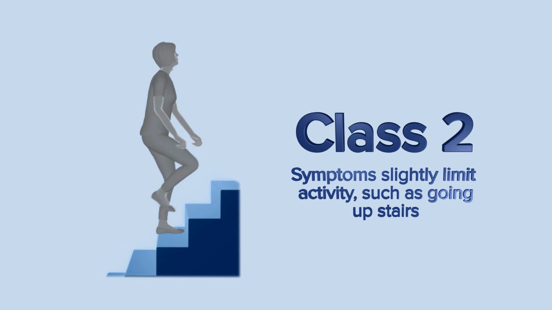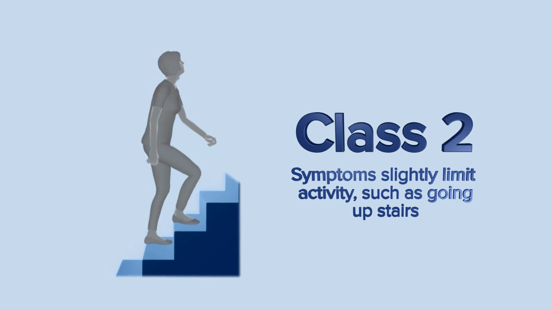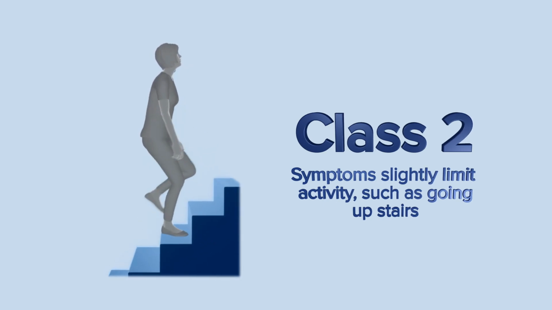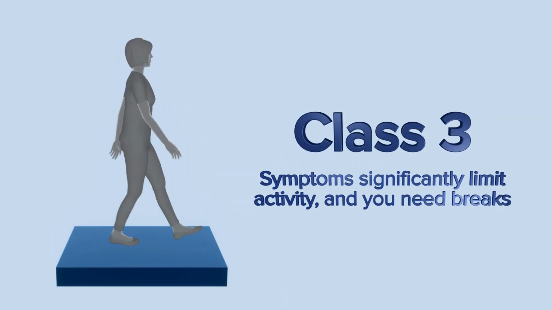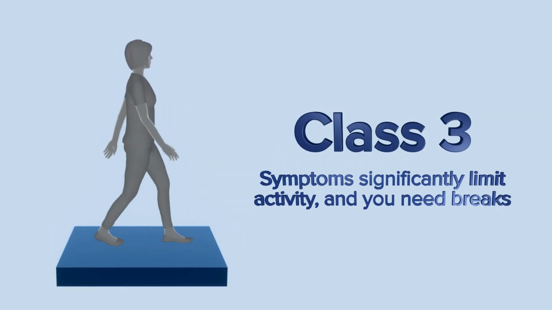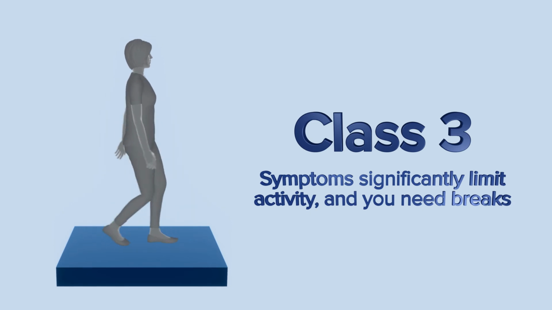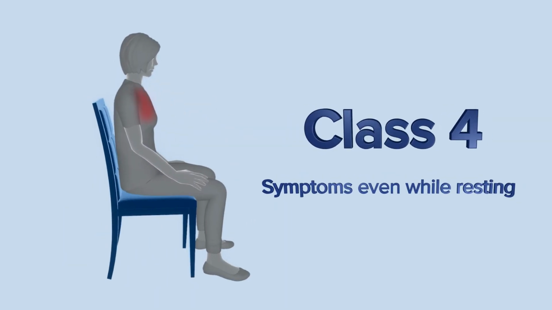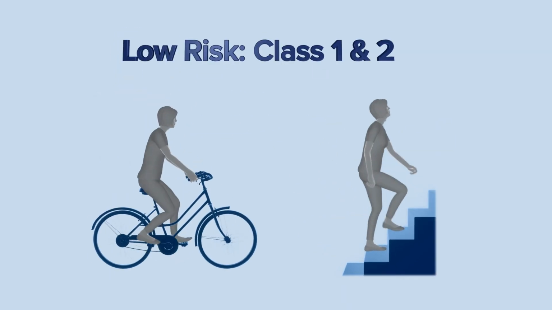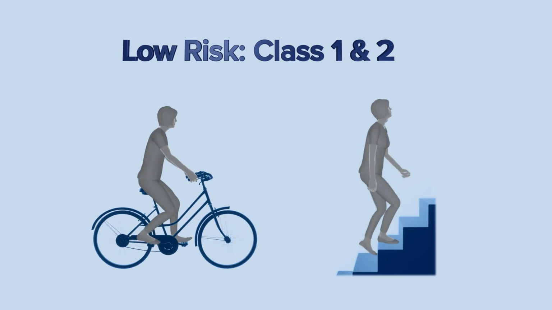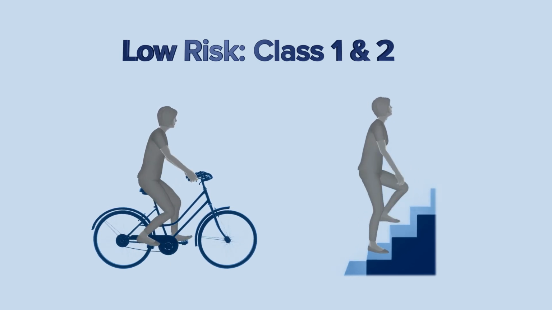Class 2 means you have symptoms that slightly limit your activity. Class 3 means that your symptoms significantly limit your activity. And if you have symptoms even while resting, that is considered a Class 4. Functional Class 1 and 2 are associated with low risk status.